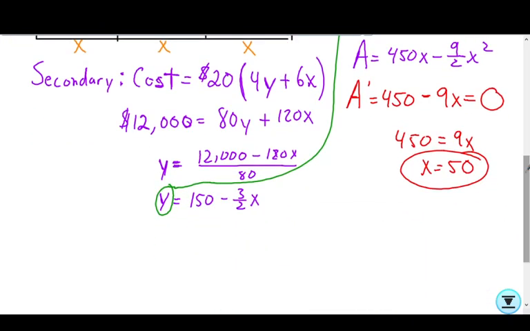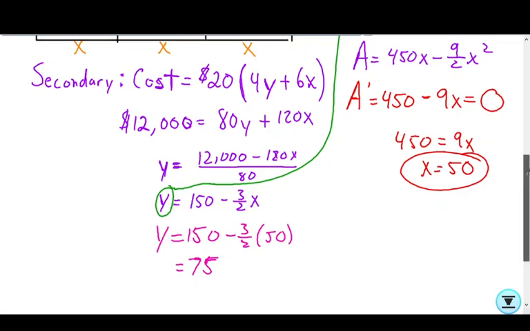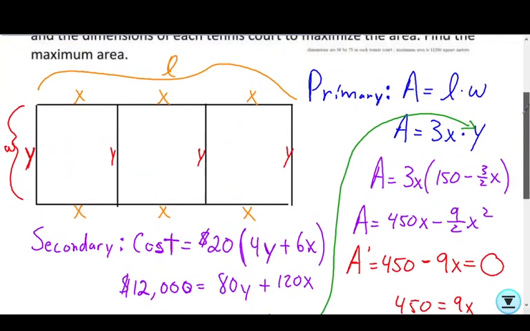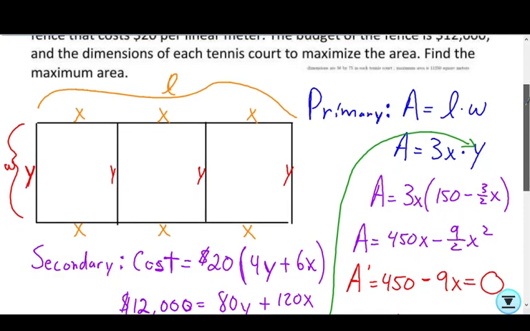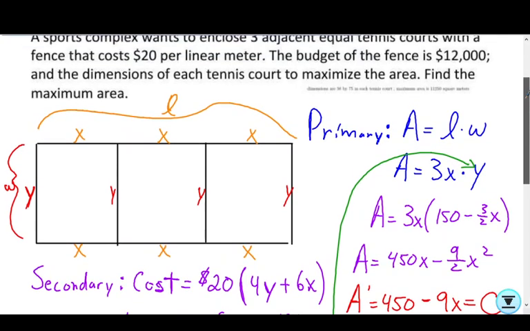Now I'm going to use that to find my y value. 150 minus 3 halves, plugging in 50 for x, gives me y equals 75. So those are my dimensions: x is 50, y is 75.